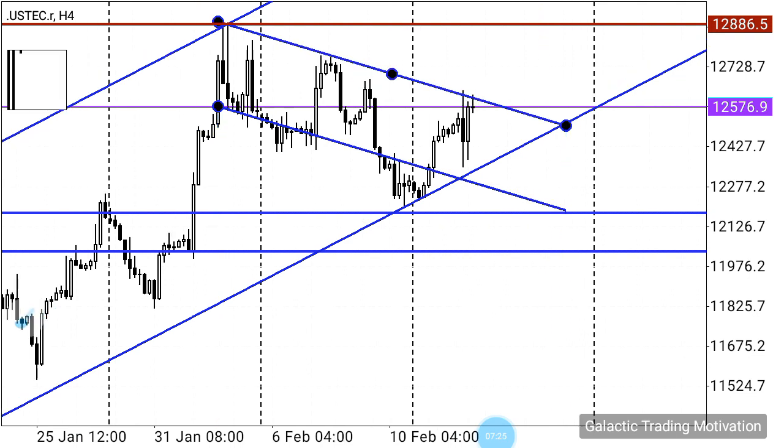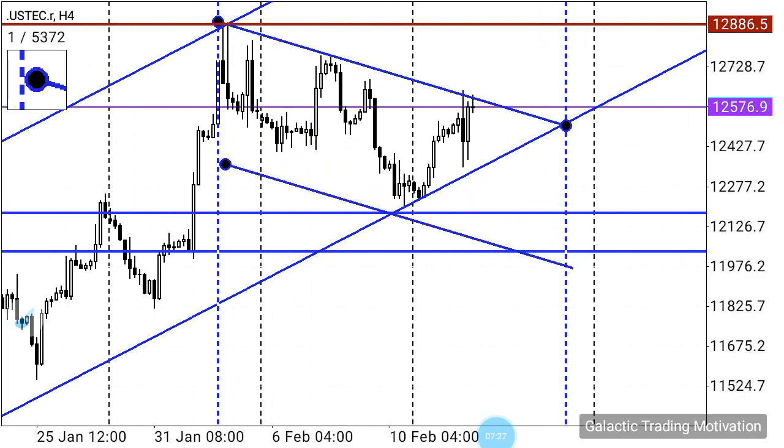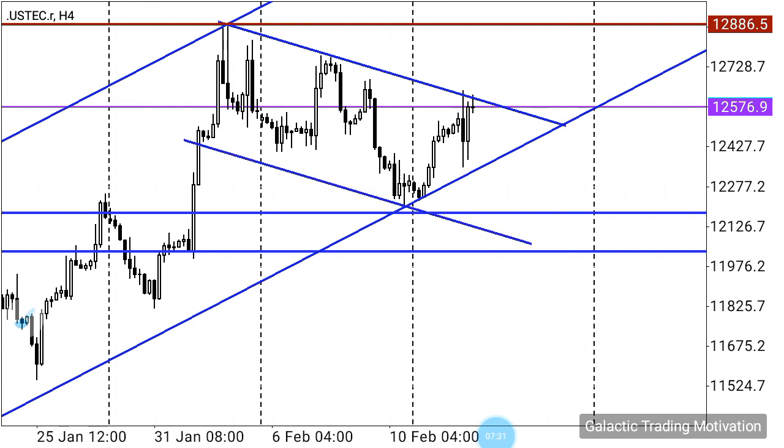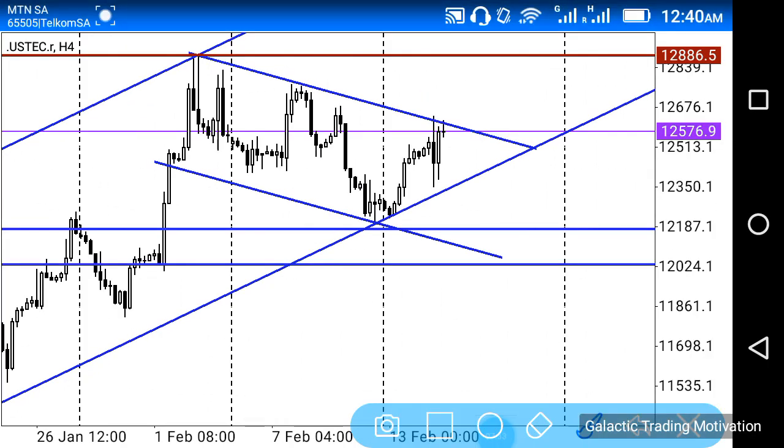Right, this is very important, and the reason why this particular channel is very important is because if you pay close attention, you'll see that we had multiple rejections on that trend line, and you guys know by now that usually whenever we have a third rejection on the trend line, we normally sell, right? So a lot of traders and investors at this point have been selling, and also placing their stop losses just above, right?